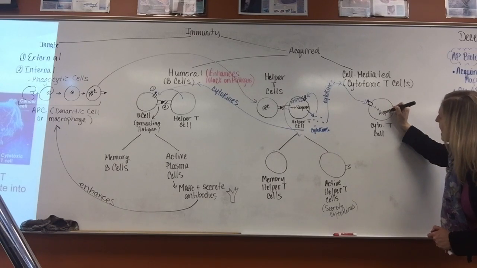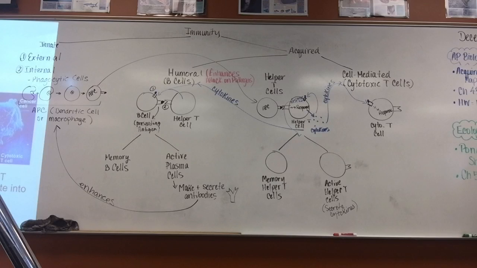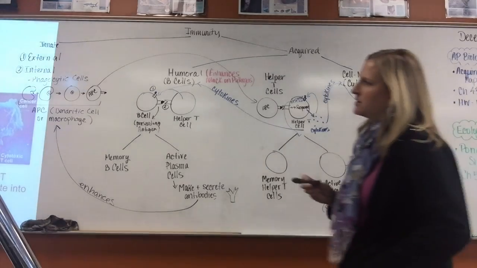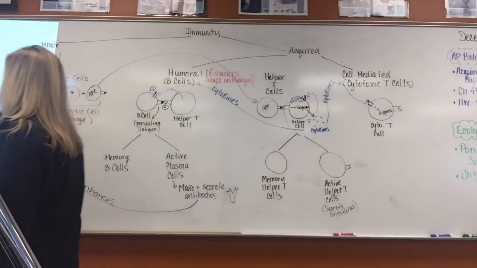In this case, what do you think the response of the cytotoxic T cell is? Look at the picture here. What does the cytotoxic T cell do, according to this picture?